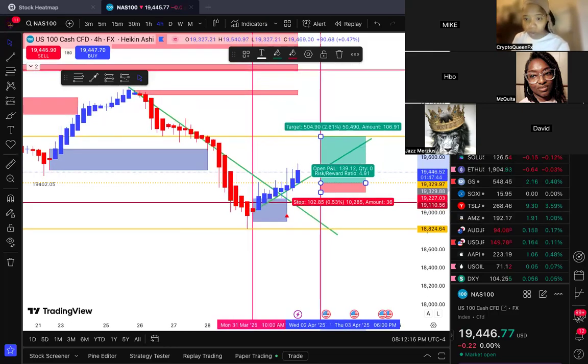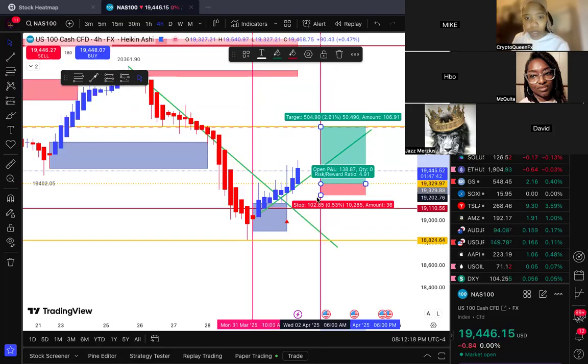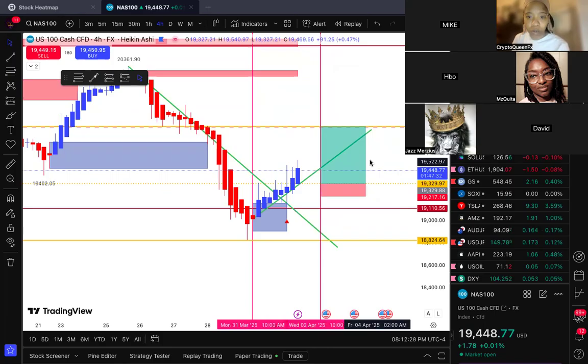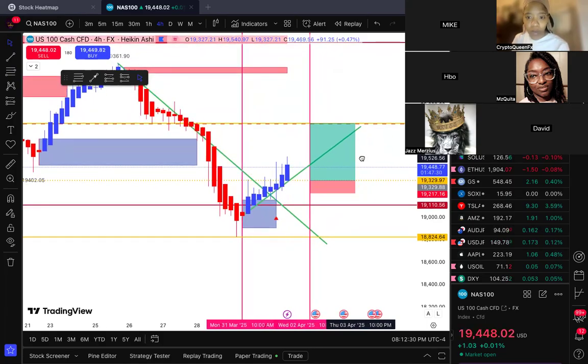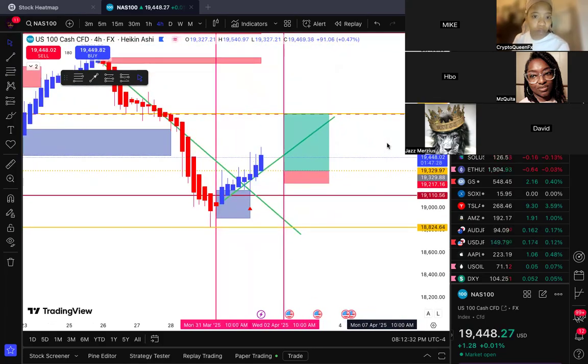So when it doesn't break this level, or breaks just below this midweek level of support, that's your entry for the buy. But let it pull back. Don't try to hop in right now because you're gonna be hopping in too soon.